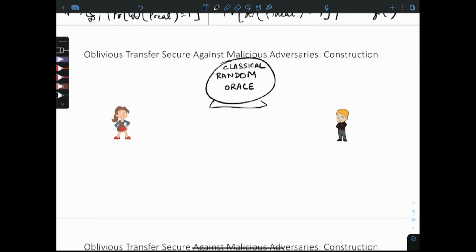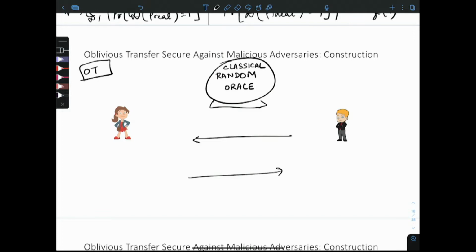The way we will build an OT will only use classical communication and classical cryptography entirely, but we'll get a flavor of how this is built in the classical setting, and then see interesting ways to do this also in the quantum setting.